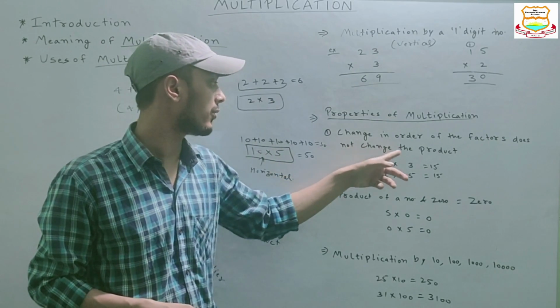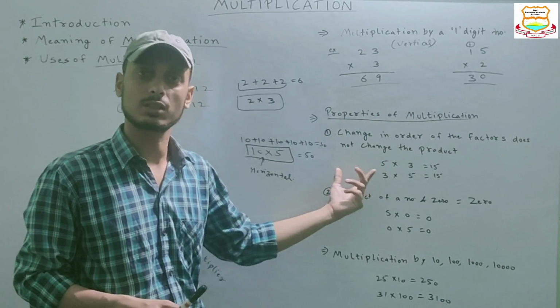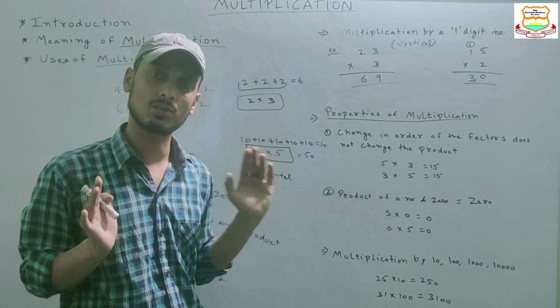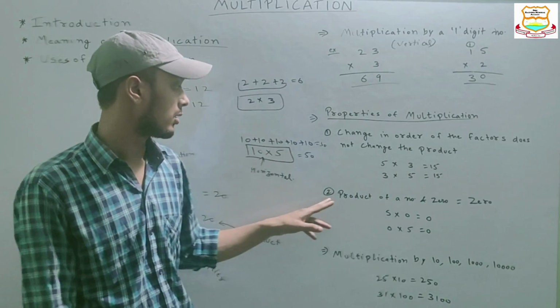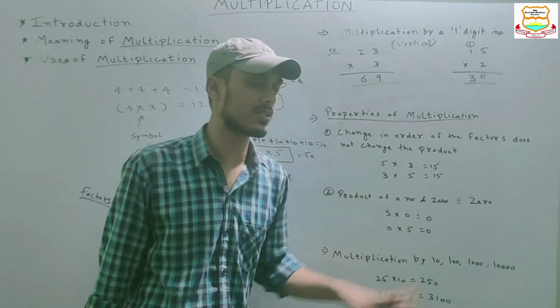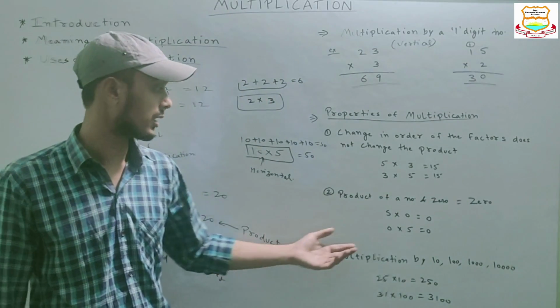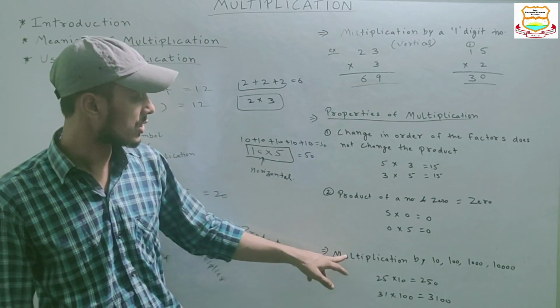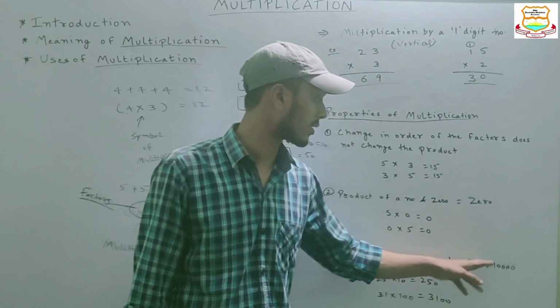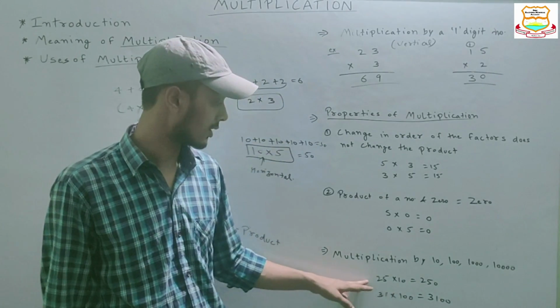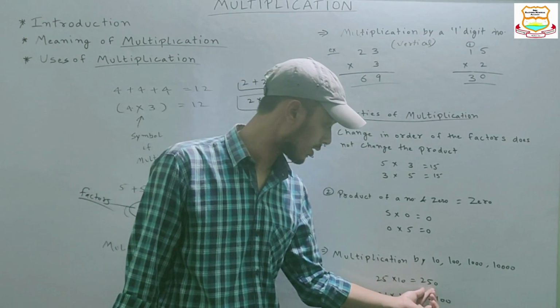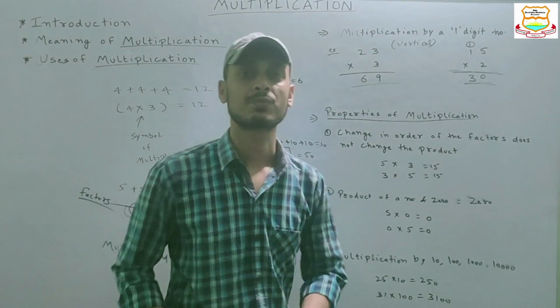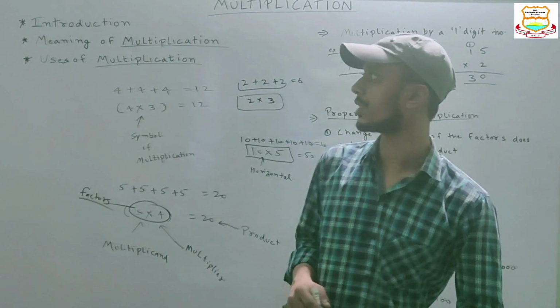One was that if we change the order of the numbers, then the answer will be the same. Then we saw the product of a number and 0, and the answer will be 0. At last we saw multiplication by 10, 100, 1000, and simply we have to write that number and put the number of zeros. So the chapter is finished.